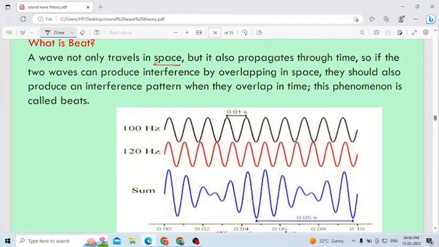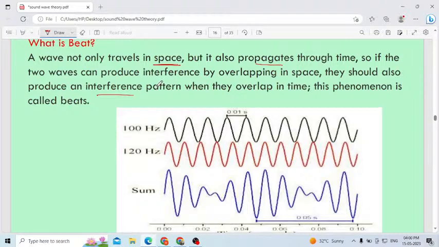Wave will travel from one point to another point; that we consider as the propagation of the wave. So, if two waves can produce interference by overlapping in space, they could also produce an interference pattern when they overlap in time. This phenomenon is called beats.